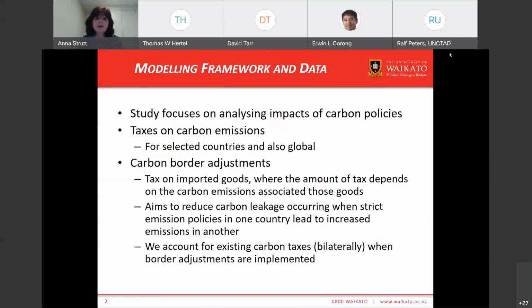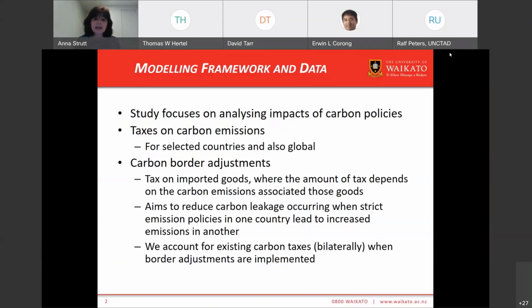As well as these carbon taxes, we do also look at carbon border adjustments, but they're not quite so central in this project as in Ralph's project. The way these are thought about follows on nicely from Ralph's explanation: a tax on imported goods where the amount of the tax depends on the emissions associated with those goods.